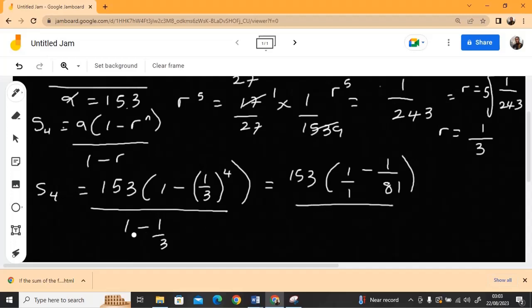Then 1 minus 1 over 3: 3 over 3 minus 1 over 3. Now this one, you have 153, open a bracket.